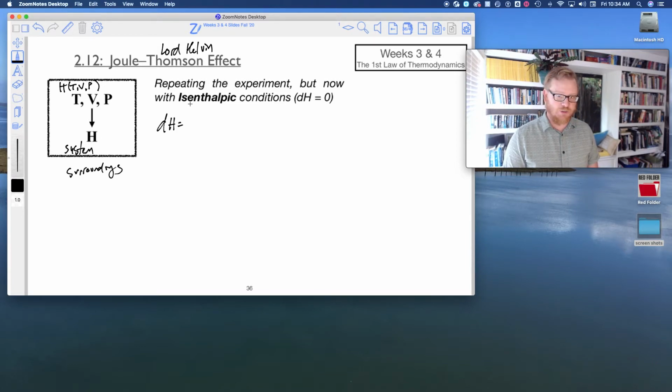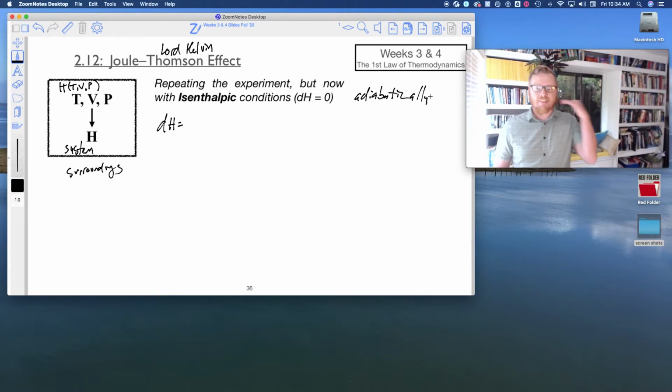Neat stuff, interesting history. What they concluded, and I'm not going to spend a whole lot of time with this because it gets into the weeds and the details of the math, was that if they could do this experiment in isenthalpic conditions, which they showed has to be done adiabatically, so in an isolated system, then they could measure the real behavior of gases as they're expanded.